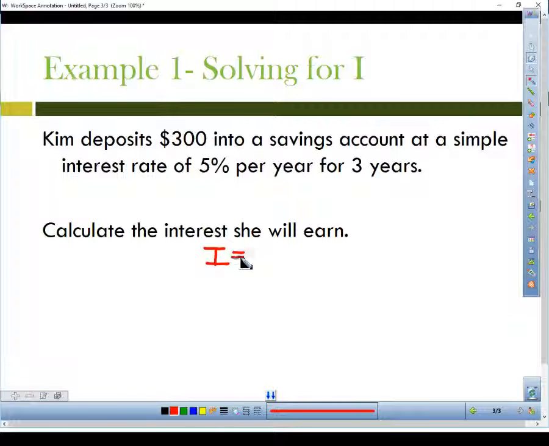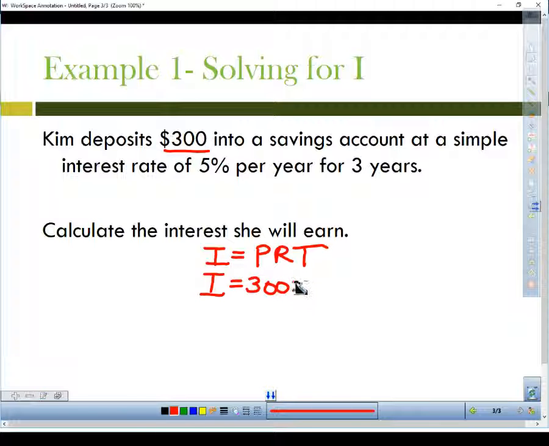We know we're using the formula I equals PRT, and we're looking for the I. The principal is the $300, so we have $300 times the rate, 5%, and we have to change that to a decimal, moving the decimal 2 places, so it would be 0.05. And then times 3 years, so times 3.